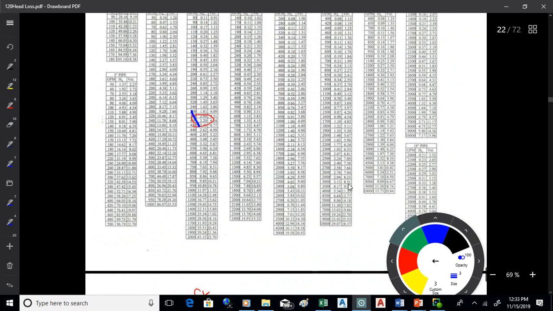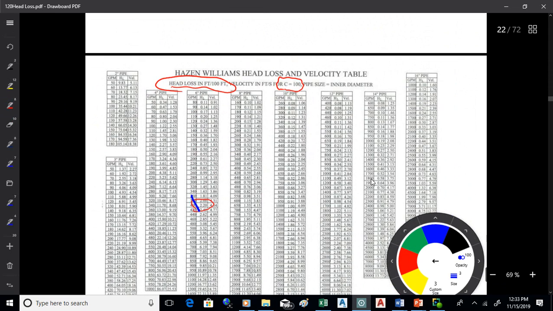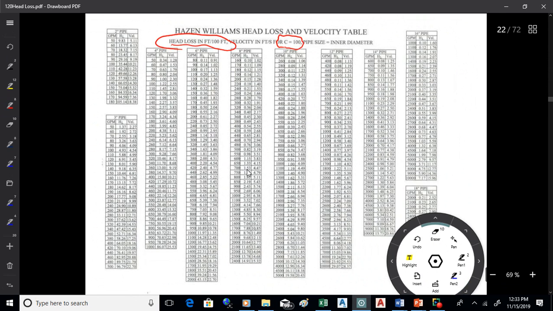So we've got 6-inch pipe, and I'm looking for a head loss of 8.52. I'm right in here somewhere, somewhere between 800 and 850.